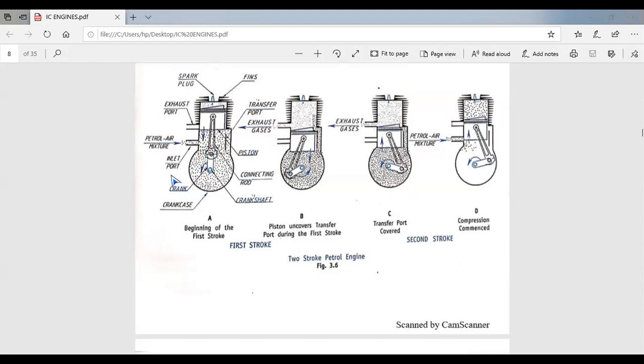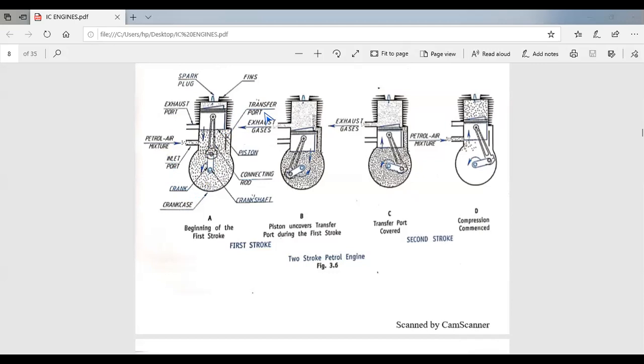And here there will be three ports: the inlet port, the exhaust port, and a transfer port. Remember, you have three ports here. All of you observe here. This is the transfer port.